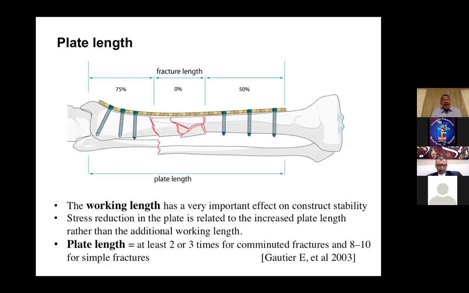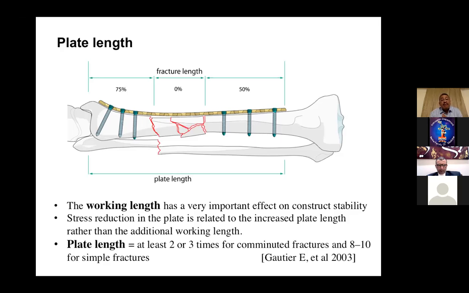When you have a comminuted fracture like this, you should insert the nearest screws to the fracture zone in order not to have a longer unneeded working length of the plate. So you need a long plate.